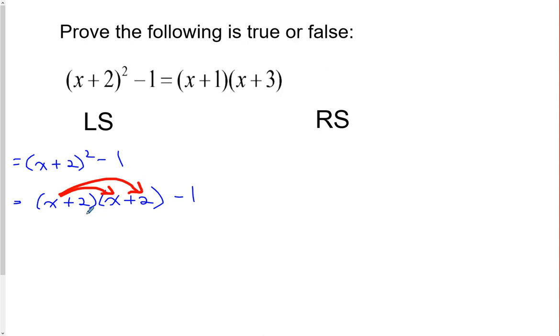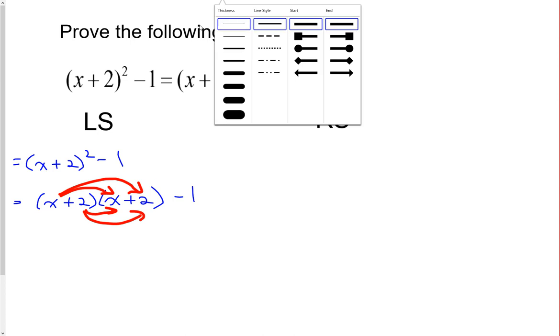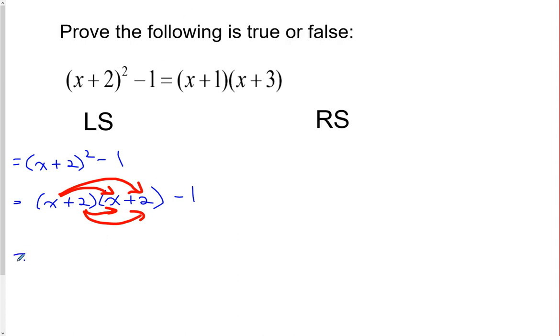You may have heard a different name for it, but I've got to multiply everything in my first bracket by everything in my second bracket. So x times x is x squared, x times 2 is 2x, 2 times x is 2x, and 2 times 2 is 4. And then I've got my minus 1 as well.